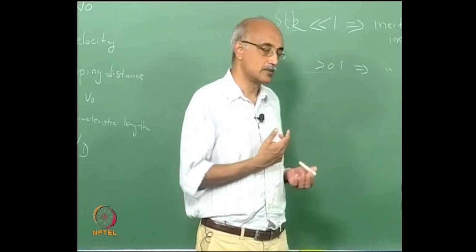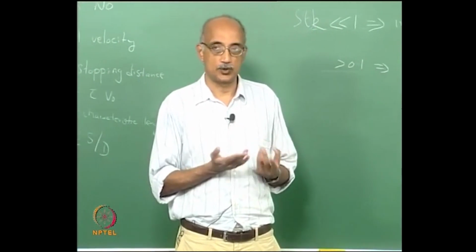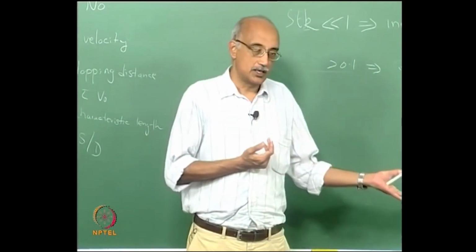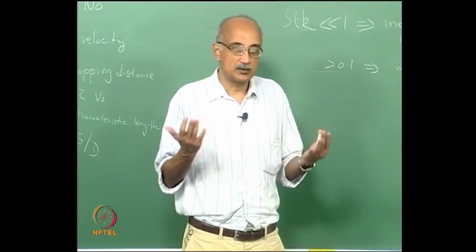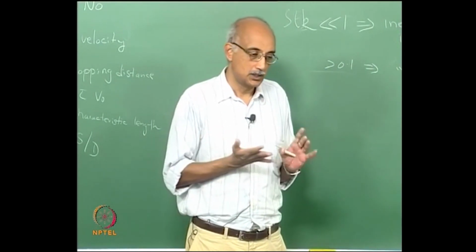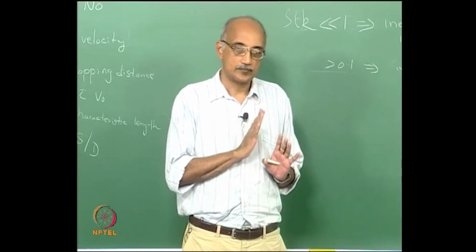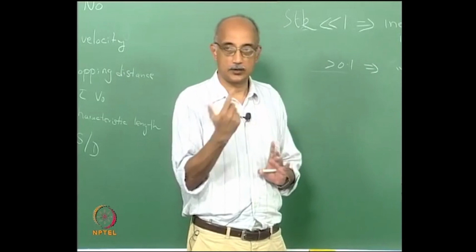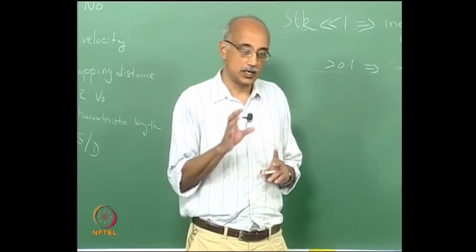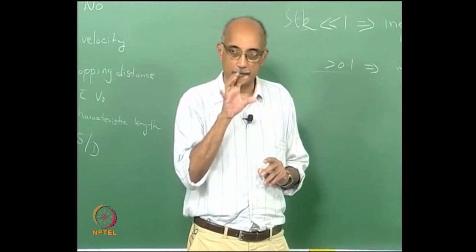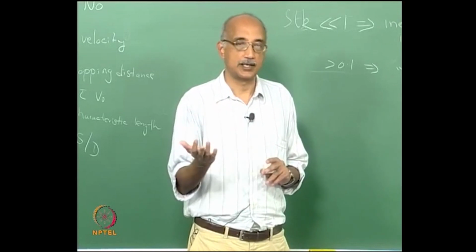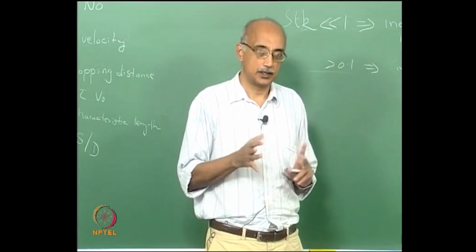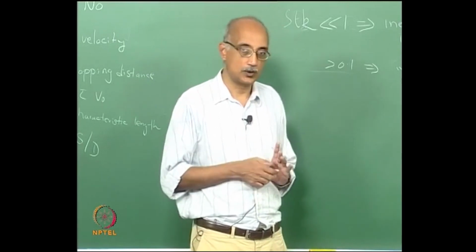Now, why is Stokes number important from a particle transport viewpoint? Well, the reason is, of course, when we say inertial effects become dominant, what we are saying is that you really cannot treat the particle as a component of the flow anymore. You have to start following the particles separately. So, in terms of our analysis of the flow problem, I am sure you have heard about Eulerian and Lagrangian treatments of flow.